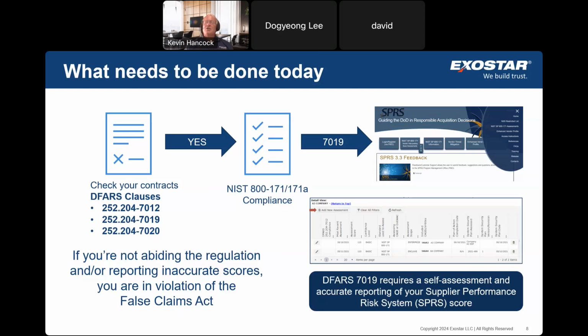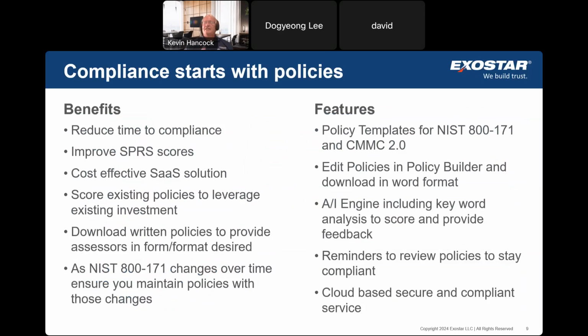So with that said, what you're going to see today with Exostar's Policy Pro is an application that will help you build out those policies and procedures for how you implement and how you satisfy the various NIST 800-171 controls. Now, these are 110 controls across 14 control families.